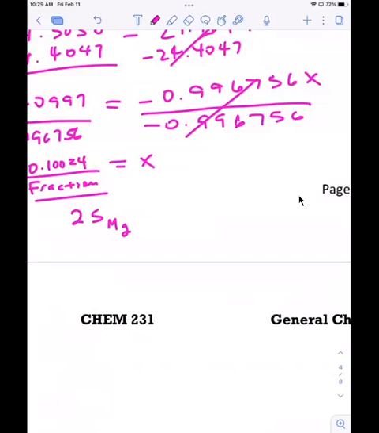All right. So that means if we multiply that fraction times 100, it's 10%, or 10.02%. Right? Questions? Any questions about that?